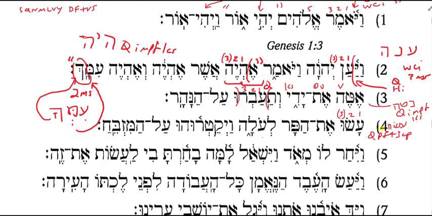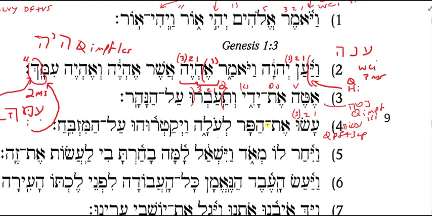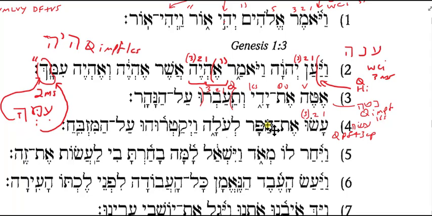Asa. That is a hey, not a chet. So they did or made et hapar le'olah. So they made the bull for a burnt offering, or for a whole burnt offering. You could also translate this as they made the bull into a burnt offering.